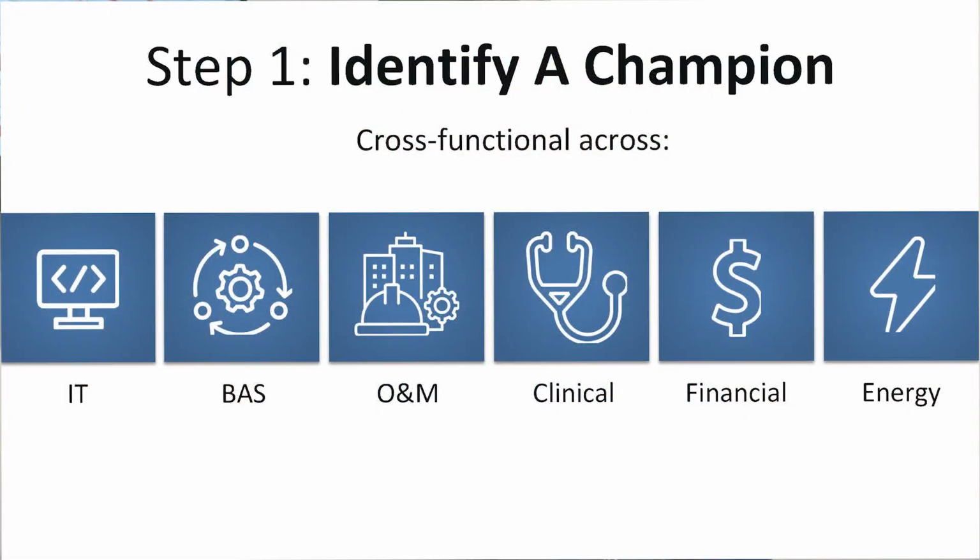Our experience shows that it starts with having a champion. Someone in your organization needs to own this initiative. It's going to be highly cross-functional. As I mentioned, we're talking about integrating all kinds of new systems now: IT, building automation, clinical systems, sometimes financial systems, energy management systems, all the O&M functions.